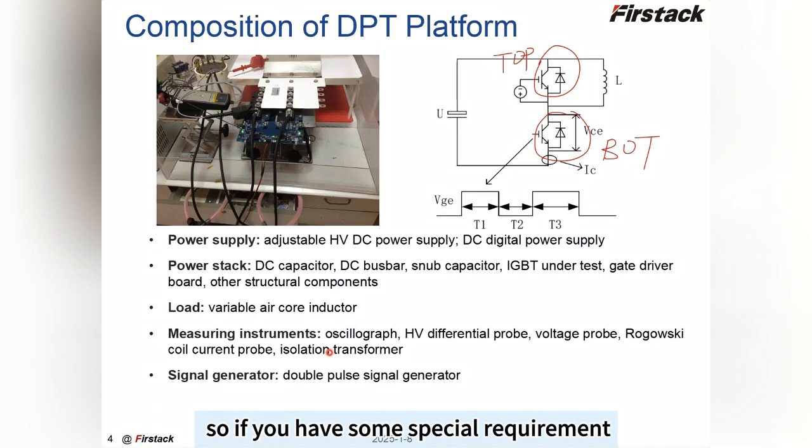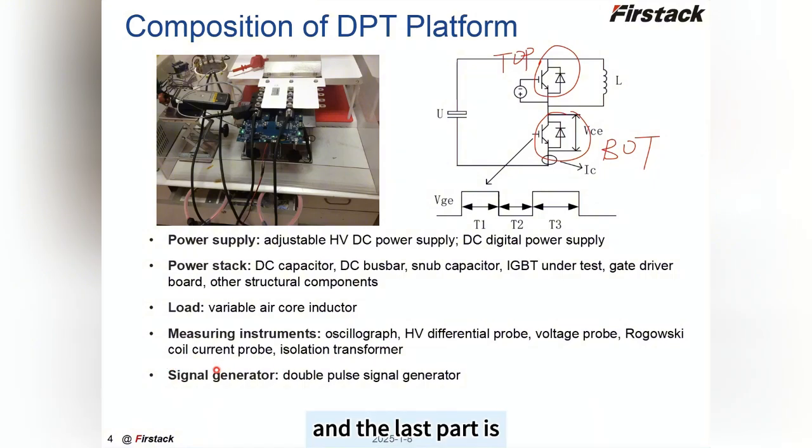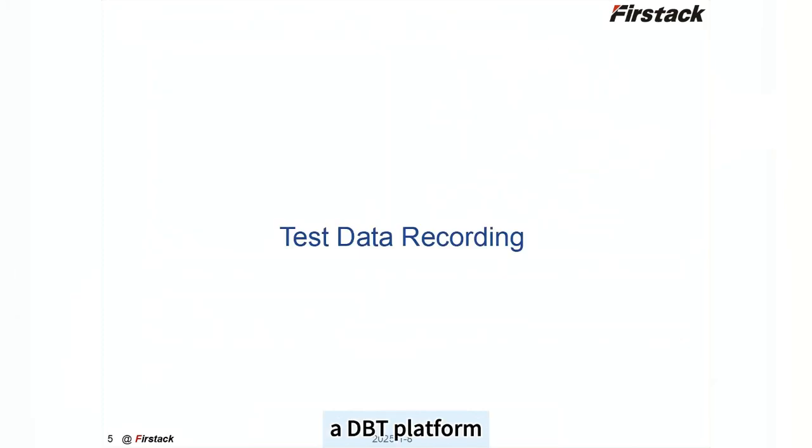If you have some special requirements, you can also use some special instruments, but I won't go into too much detail here. And the last part is the signal generator, which is used to create the double pulse signal. So this is the composition of the DPT platform, a very general view of it.